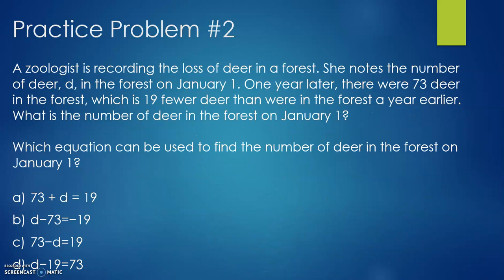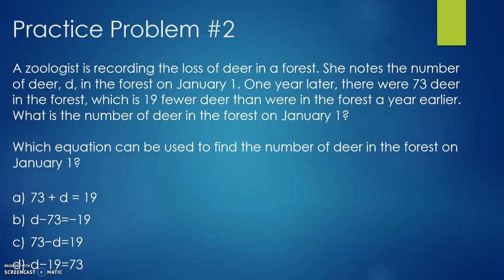I challenge you to pause the video and try this one on your own and see if you can find the equation that goes with this problem. This says a zoologist is recording the loss of deer in a forest.